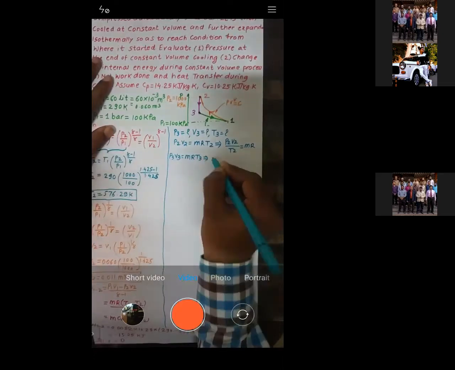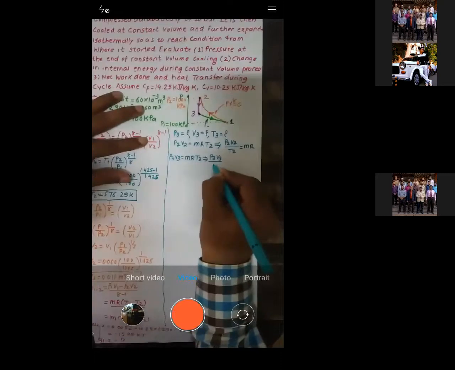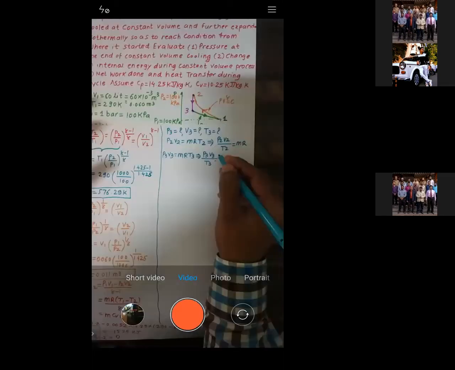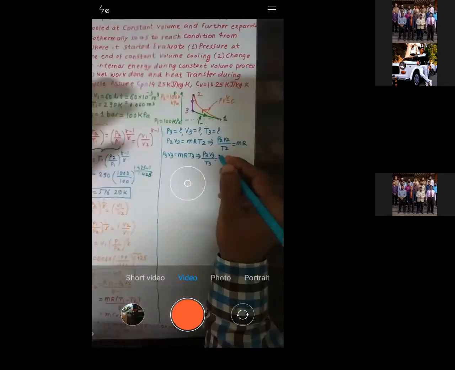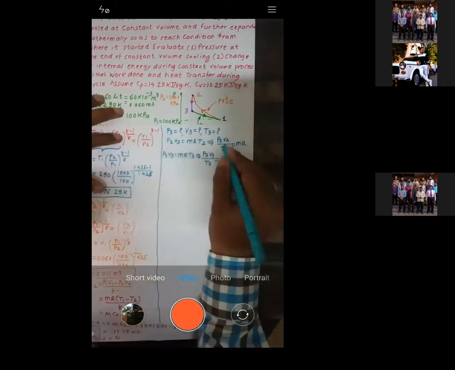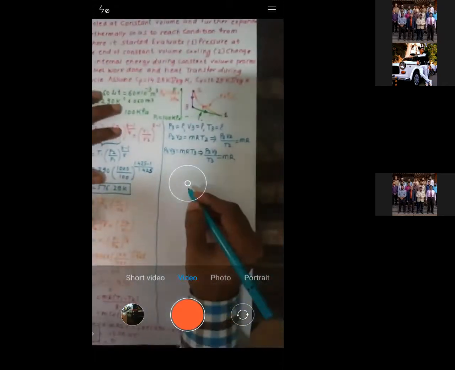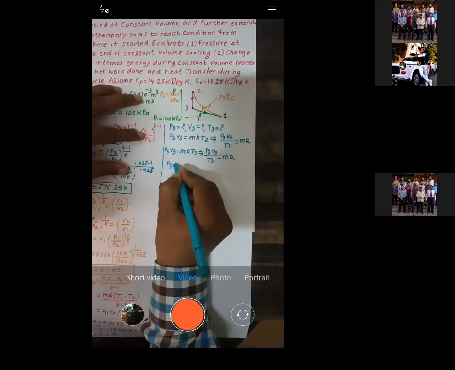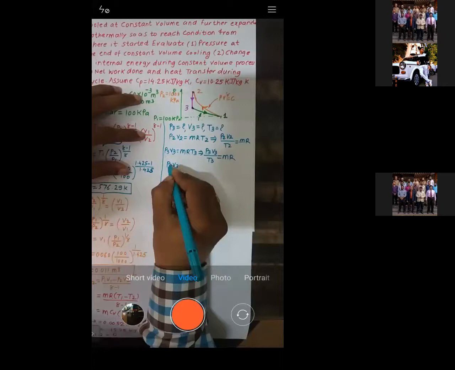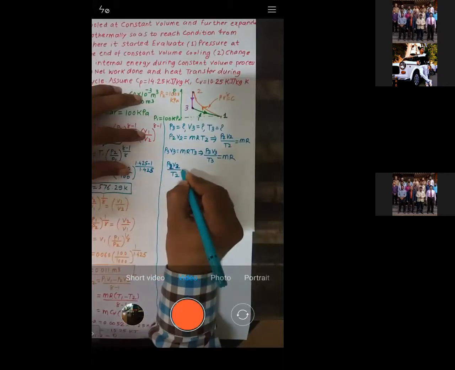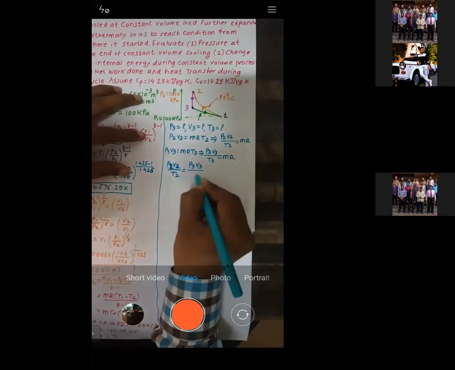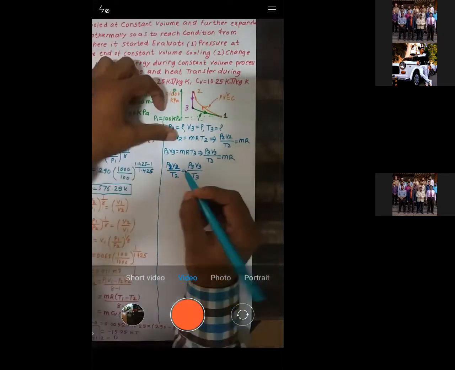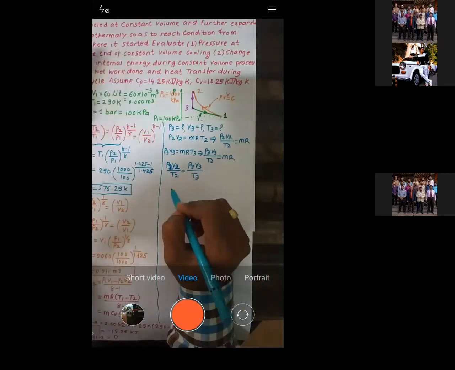So from this, what I will get is P3 V3 by T3 is equal to MR, right? If I equate these two, the right hand sides are equal, so the left hand sides will be equal. So P2 V2 by T2 is equal to P3 V3 by T3.